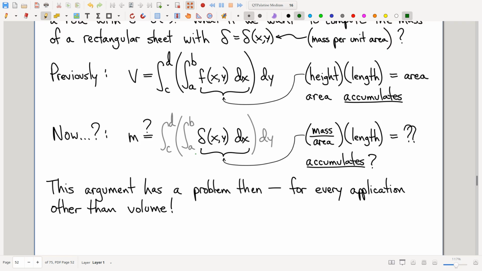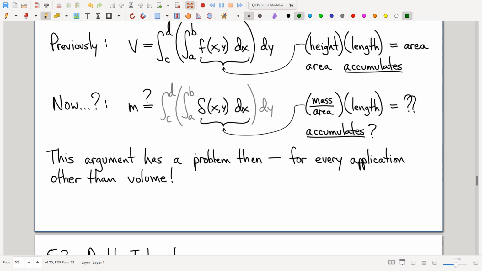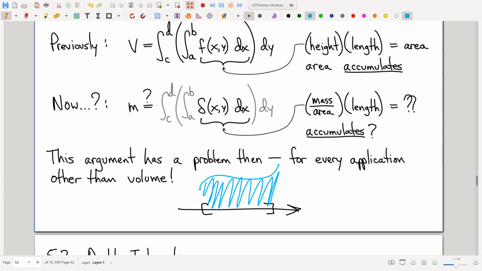Yeah. So are we considering a rectangular sheet in 3 dimensions? No, in 2 dimensions. Yeah, just so you imagine a 2-dimensional area, right? And it's kind of like in single variable calculus. We like to think of an integral from A to B as computing an area because that's one of the applications that it will do, right?